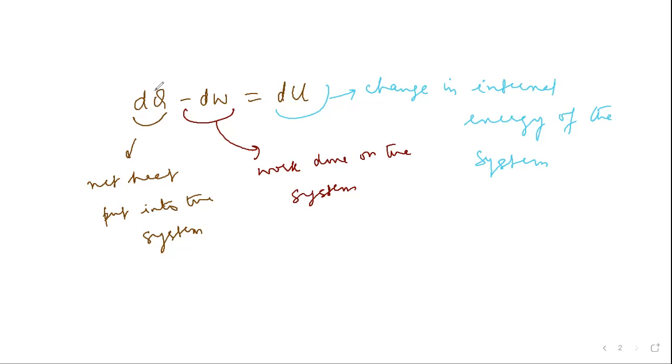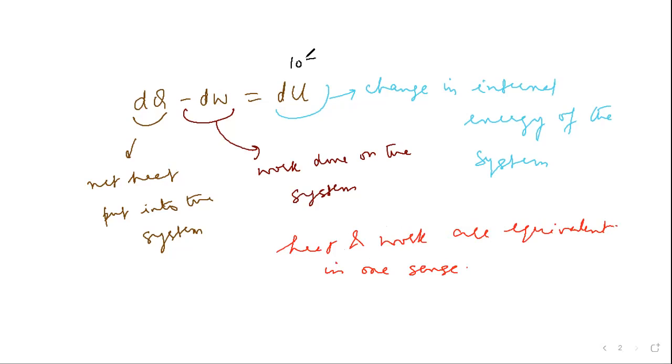Now there is one thing, heat and work are equivalent in one sense. Which sense? That sense is this sense. If we want to increase the internal energy of a system by 10 joule, I do no work on the system, so this is 0.